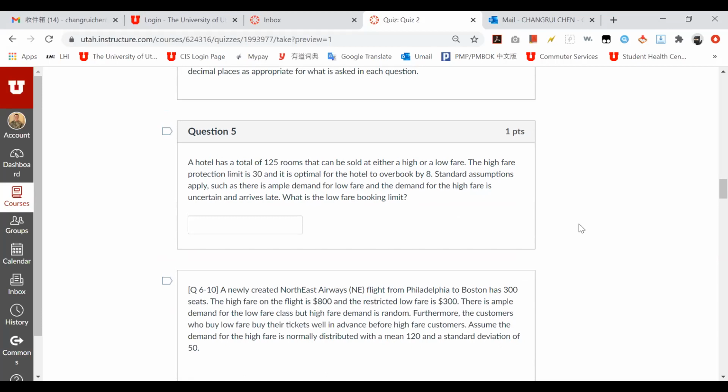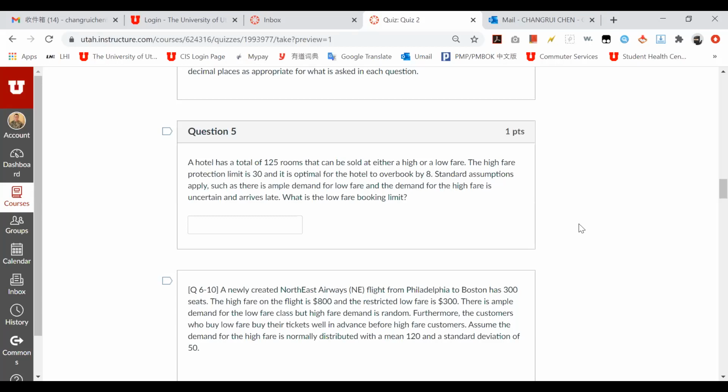So the overbooking basically increases your booking limit. Sorry, the protection limit is 30, and you're adding 8 to your capacity 125.